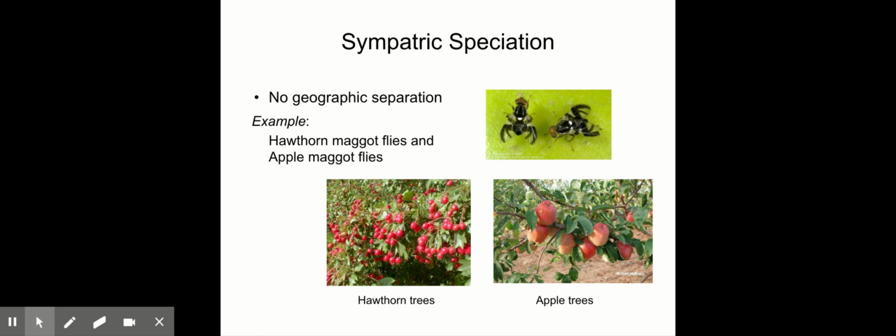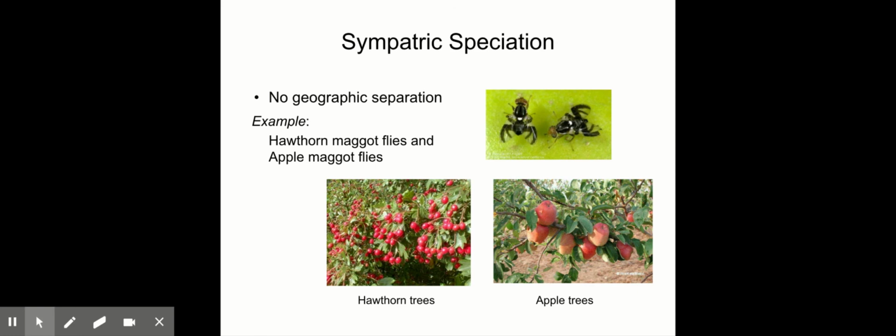And this is what these maggot flies look like up here on the right. The female flies will lay their eggs in fruit. And usually they'll lay their eggs in rotting fruit. And then the maggots will hatch out within that fruit and use that fruit as a resource.